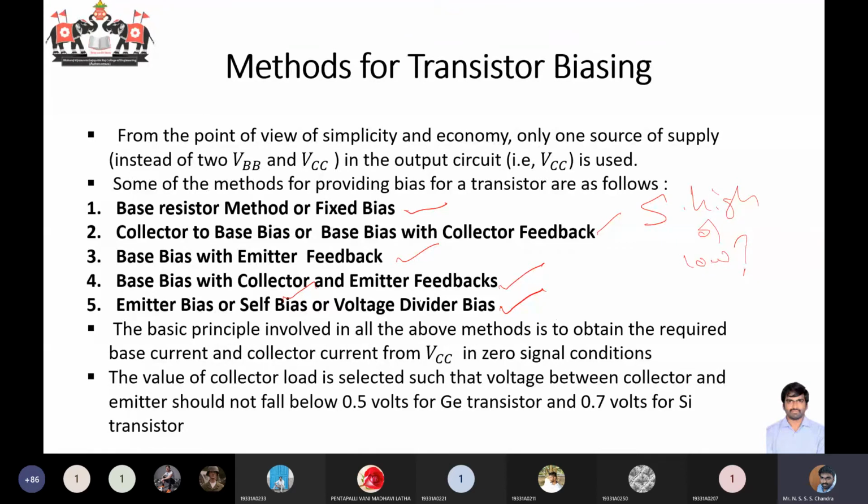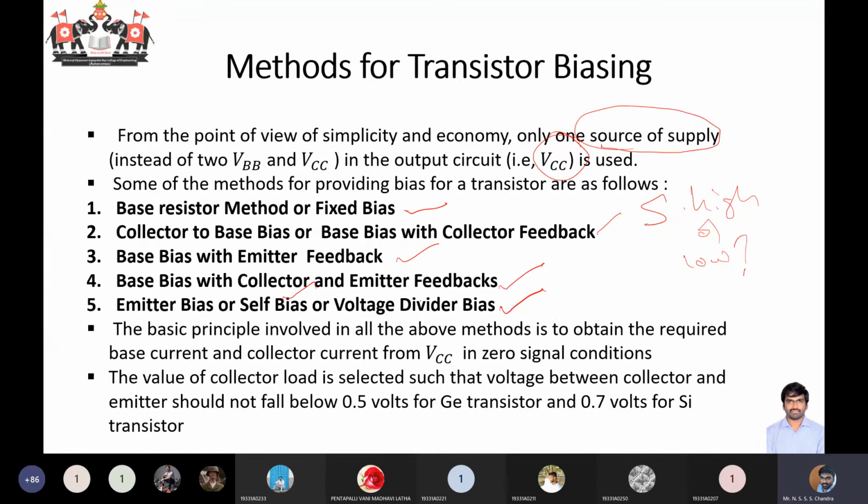Usually one voltage source VCC in the output circuit will be given. Only one battery, or one RPS, will be provided. From the same node we give the voltage to the input port and also to the output terminals. So both at the input terminal and the output terminal we give the voltages by taking the supply only from a single point of source. So only one source of supply will be used.